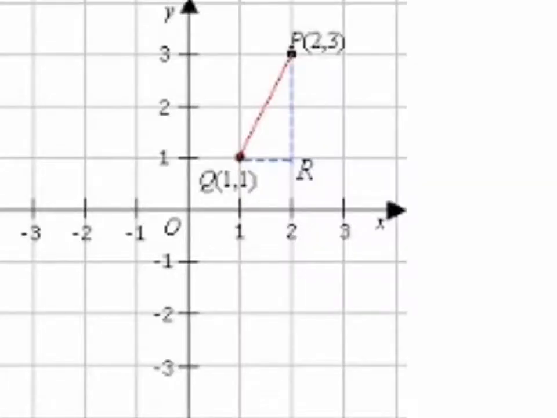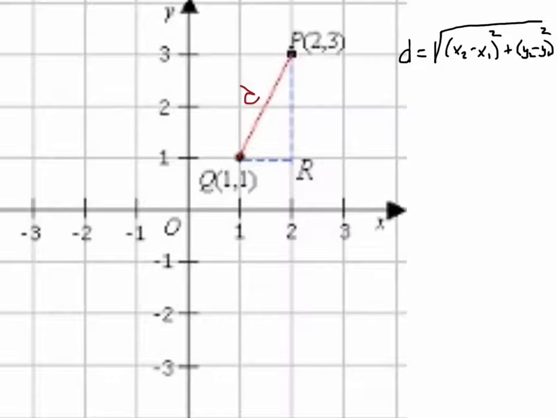Alright, so let's look at this problem. All we have to do is plug in the distance formula. We're looking for the distance here of this red line. So we could also say the length here is 1. And the length here is 2.